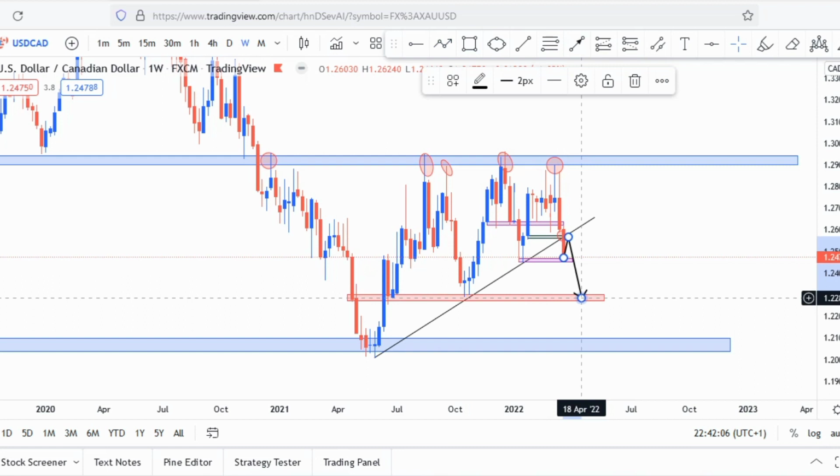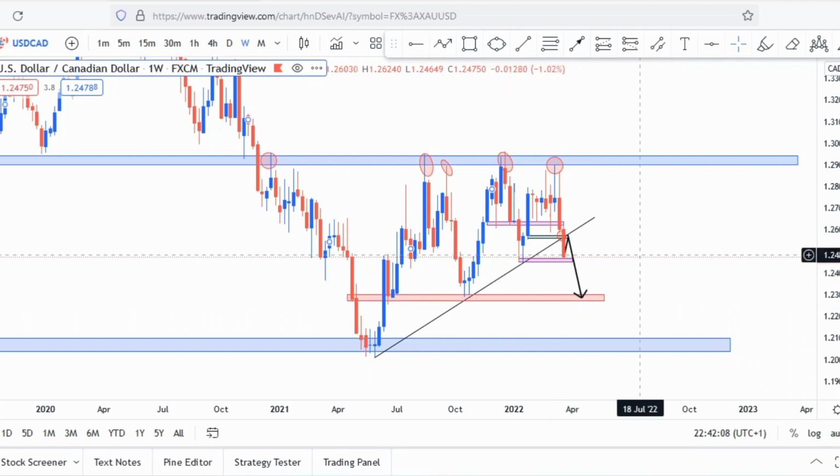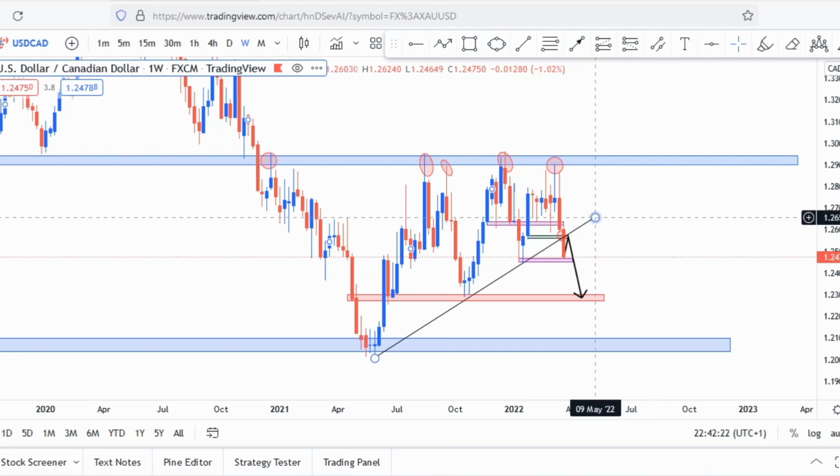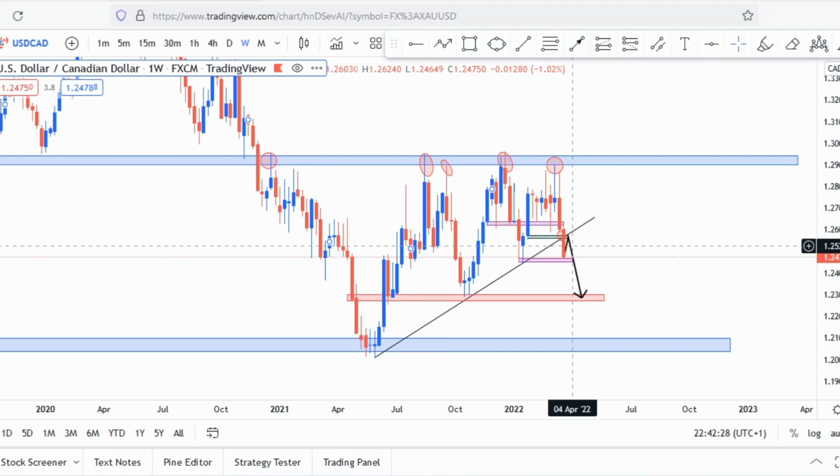Now we should also note that there's still that possibility that price could bounce from this support level all the way back up to this resistance level here. It's always there, and that would essentially cancel out this trend line, and it would probably mean a triple top pattern, or just price bouncing from this support level all the way to resistance, and maybe giving us an opportunity up here.